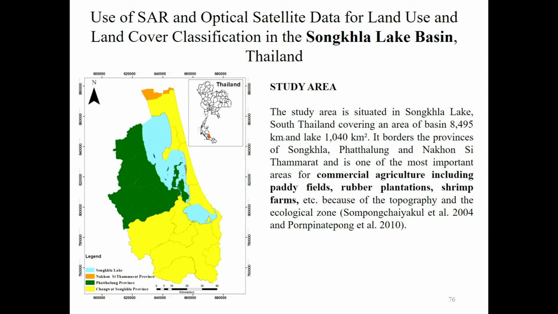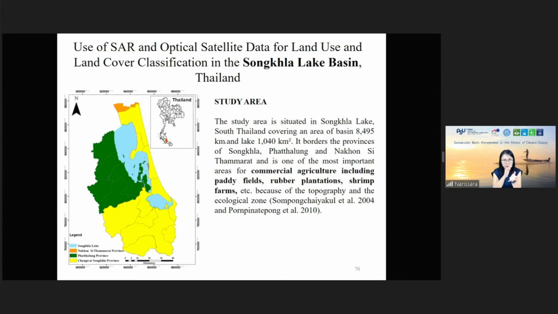I think all participants know about the basin, right? Next time, if you are interested in this technology, you can use it to apply for research on your basin in your country.